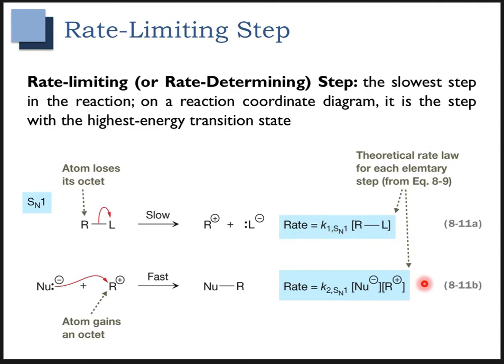So really the rate of the second one doesn't matter because it's much faster than the first one. And so you can also get an idea of what a rate is going to look like when you have one thing involved, and that's in the first step where we only have the substrate, versus if we have two things involved. And we'll look at what an SN2 rate would look like in a minute.